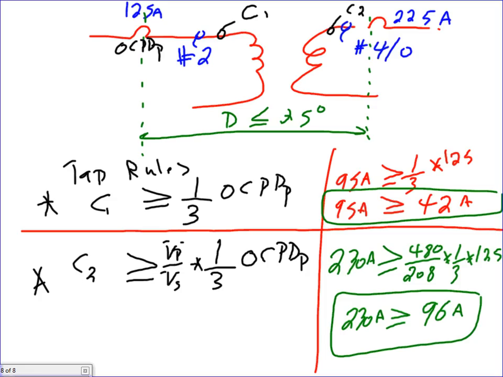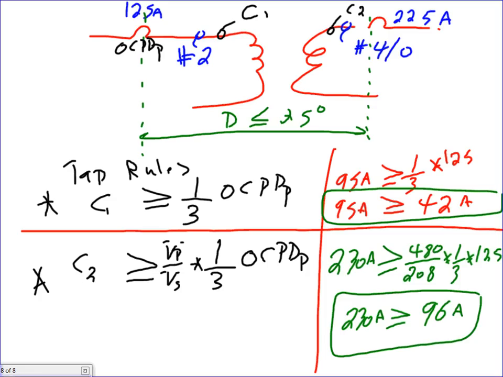If you read this the opposite way, it says the overcurrent protection device cannot be more than 3 times the conductor. Here's the conductor 95, 3 times is 280-some. You go down to 250. So right now I can change the 125 to 250, nothing would happen.